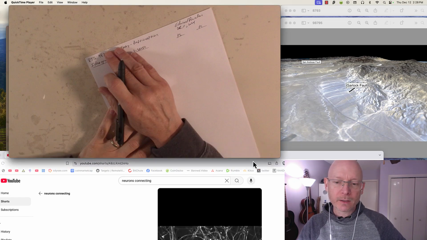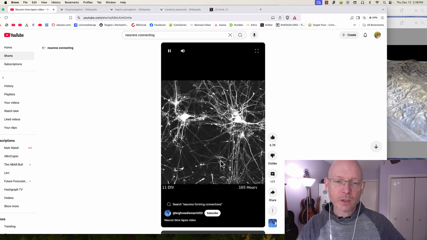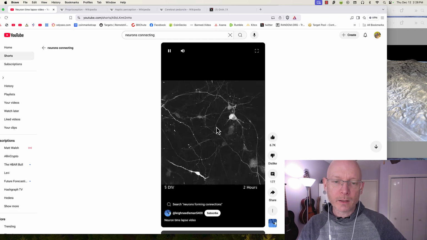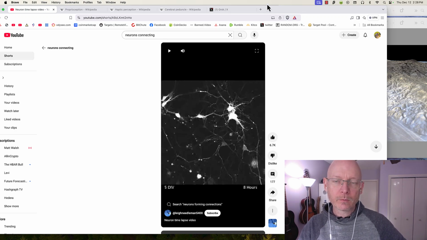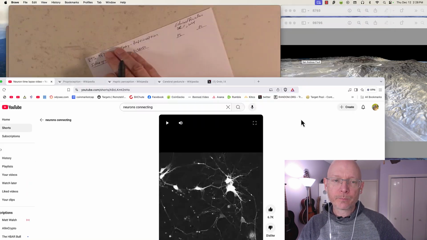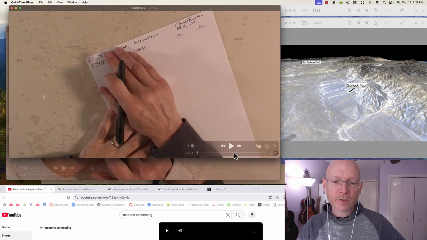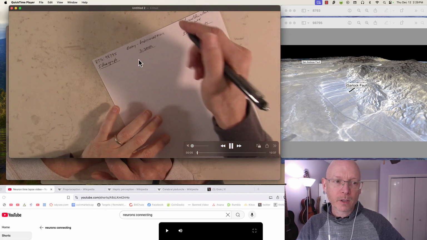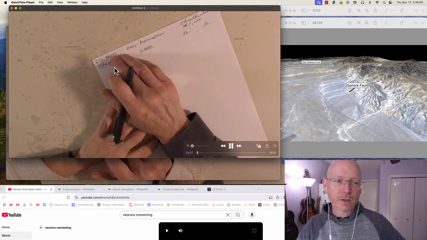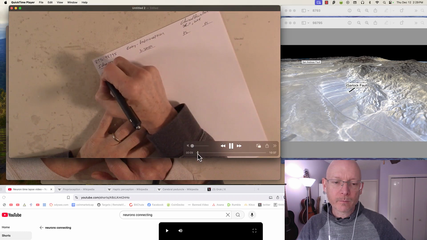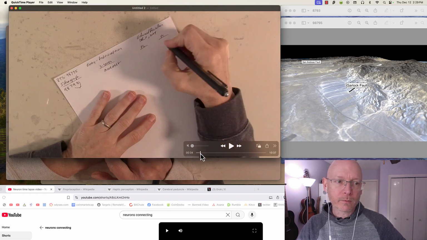But the neural activity is too low. So it's here. I need to increase that neural connectivity, and I'm going to do it through the utilization of the ideograph, what I call an ideograph.